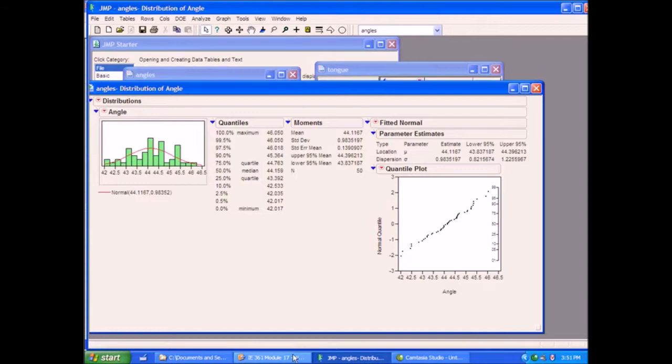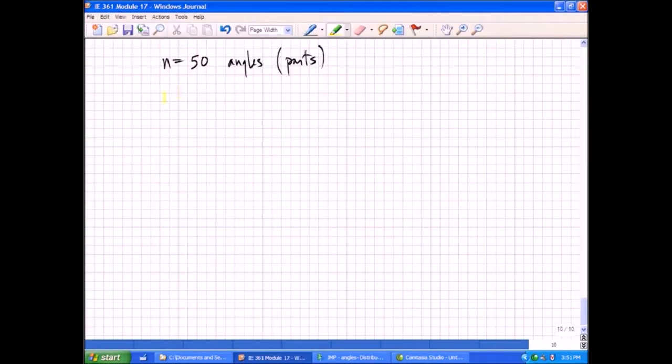So that means that from the JMP printout, 95% limits for 6 sigma are going to be what?